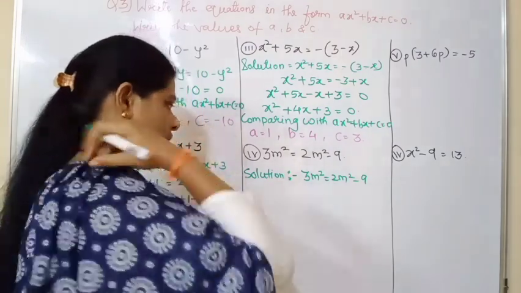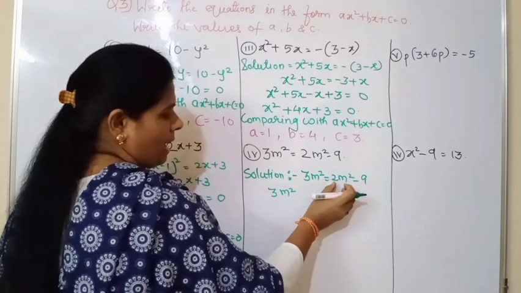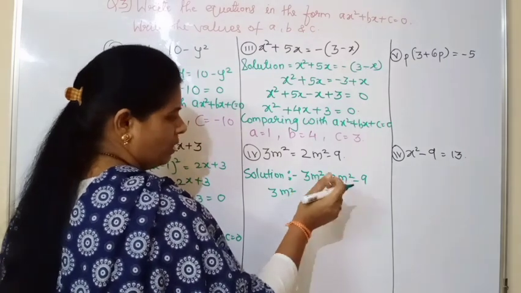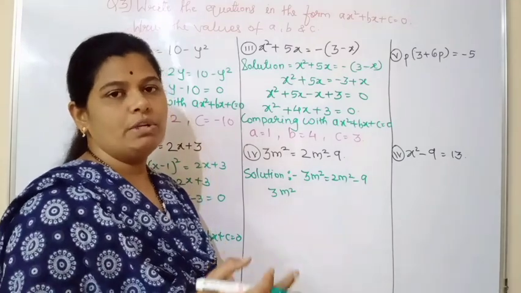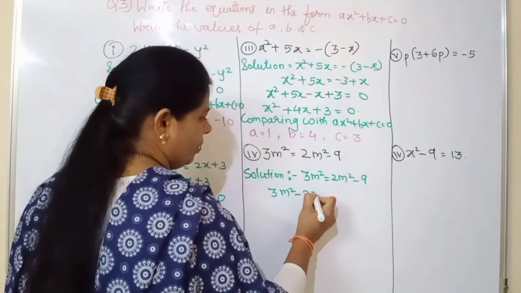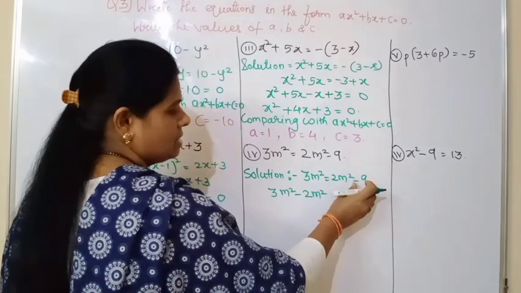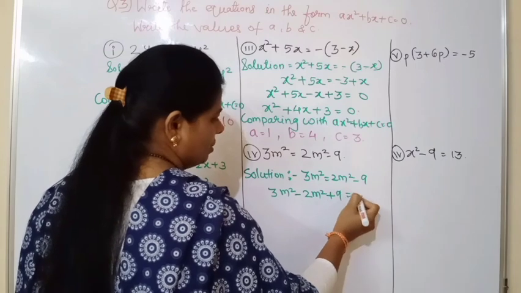Okay. Now we will arrange the equation. So 3m square, okay, plus 2m square will shift towards the left hand side. It will become minus. Okay. In the same way, minus 9 will shift towards the left hand side. It will become plus. Okay.